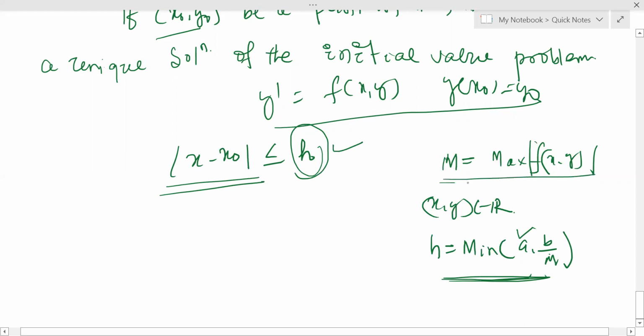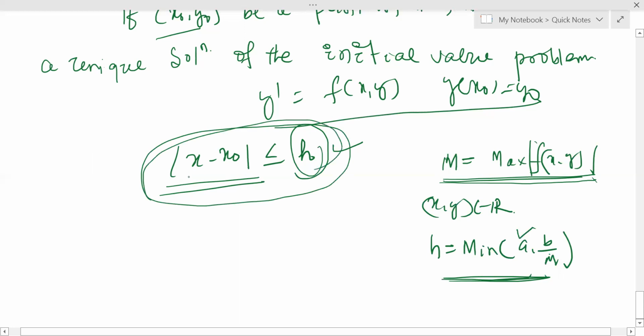M is the maximum value of the function f(x, y). This is your calculation part for the existence and uniqueness theorem. So how to calculate M? M is the maximum value of the function f(x, y).